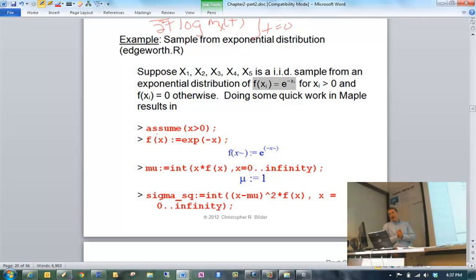Let's say that I have a sample size of 5 from an exponential, just to make things easy. And it's exponential 1. And what I'm going to need are some higher order moments. I could do them all by hand, but given that we have symbolic mathematical software, why shouldn't we do that?